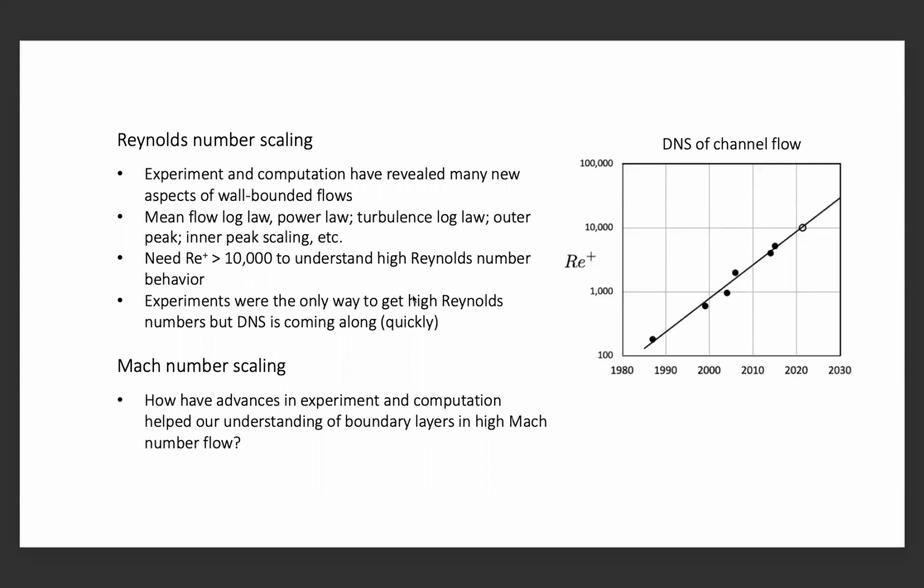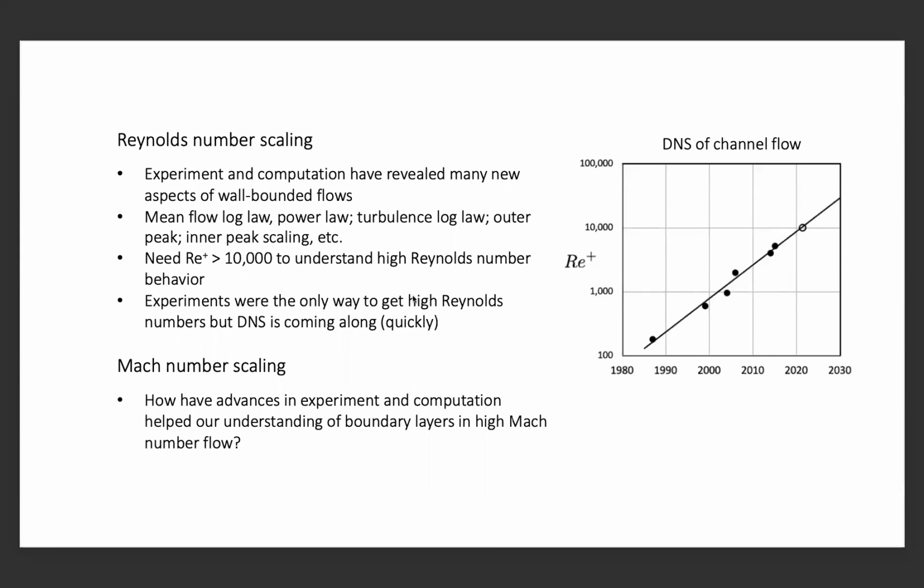I've got a plot on the right of how the maximum Reynolds number of channel flow DNS has grown with time. And you can see that we started at about 180 in 1985.